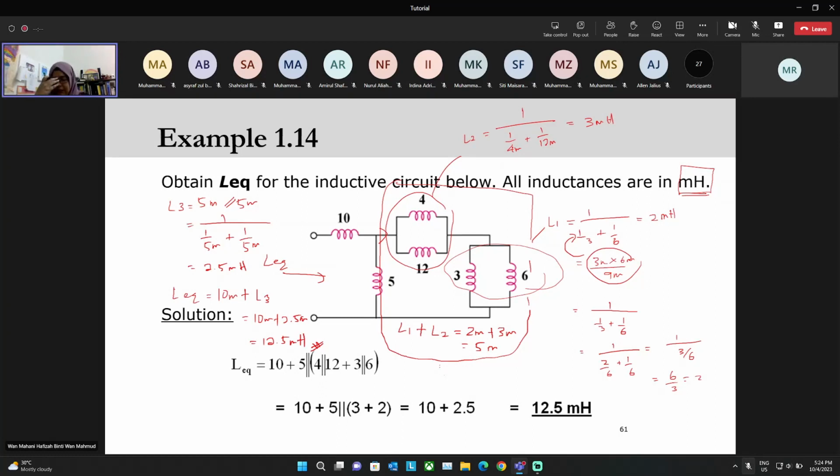Untuk simplification of the circuit, series and parallel untuk both inductor dengan capacitor, bukan chapter ni sahaja yang kita guna pakai. Chapter 2 dengan chapter 3 akan jumpa balik. Jadi, nak tak nak you memang kena faham dan memang terror lah bab-bab nak simplify ni.